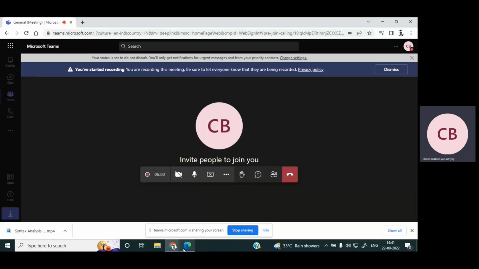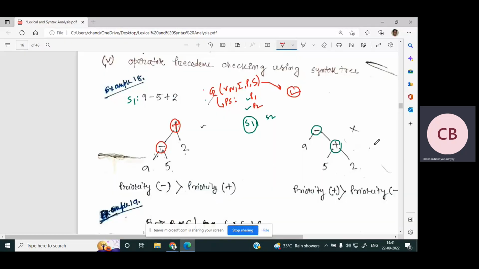So we were discussing that in one tree the minus symbol is here and plus symbol is here, and in the other, plus is coming to the lower part and minus is coming to the upper part. For the string I have taken, 9 minus 5 plus 2, to realize this string I have used production rules P1, P2 or P3.